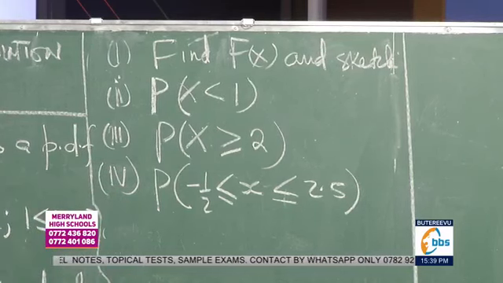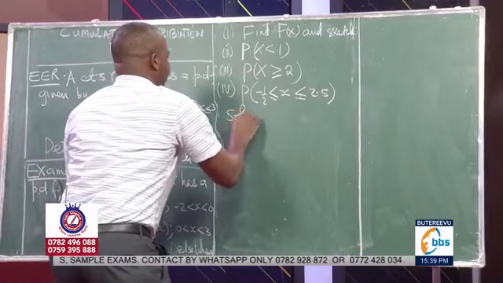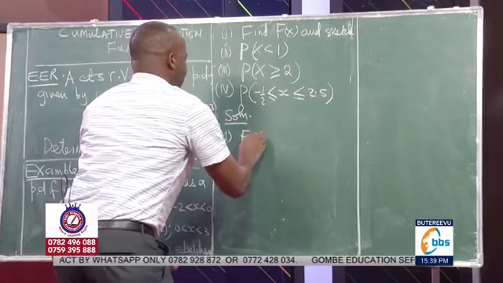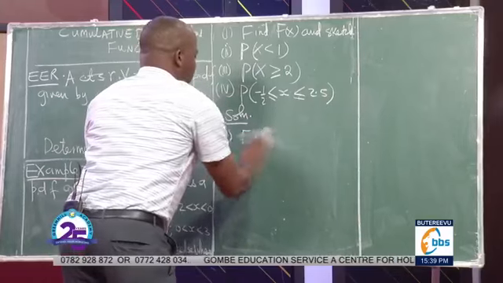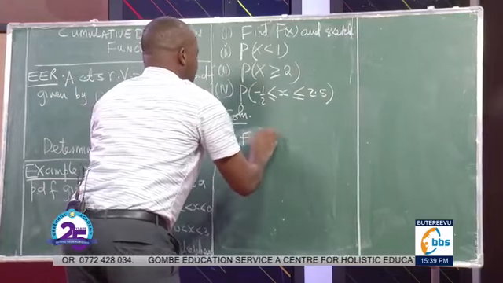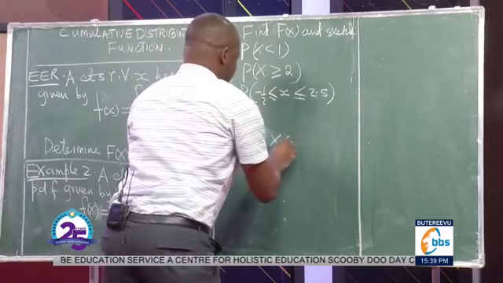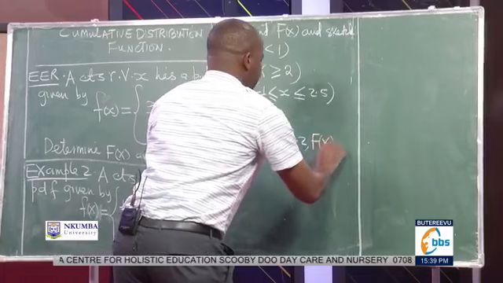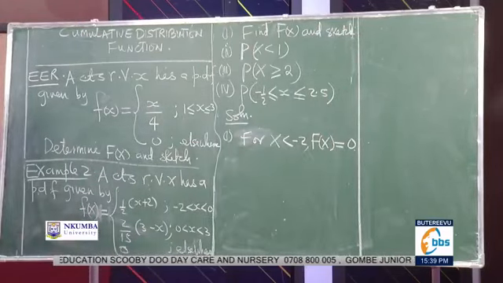We said for part 1, we consider that for x less than the lower limit, less than -2, the f of x must be 0.